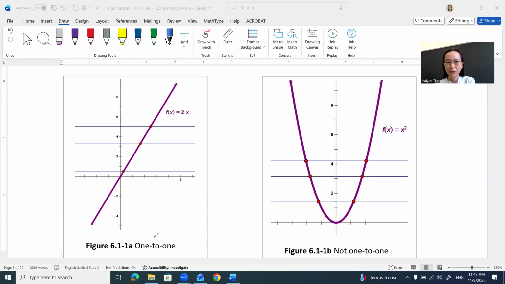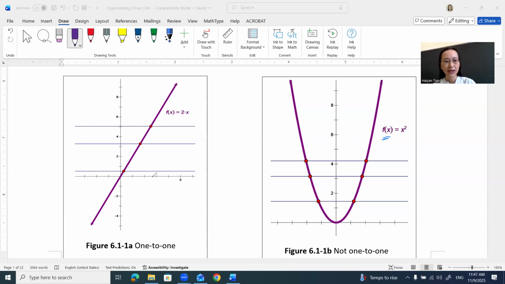You see, I have two functions here. One is a linear function, y equals 2x. And the other function is the x squared function, y equals x squared.